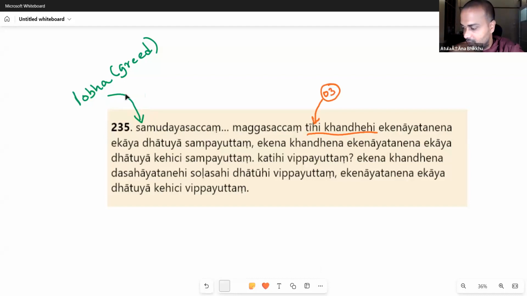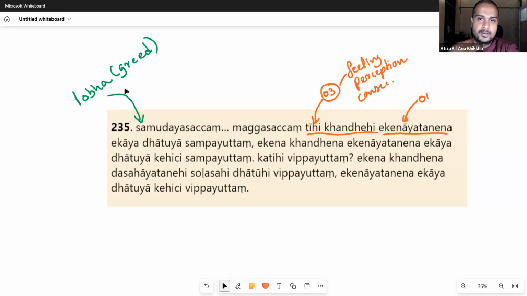They are feeling, perception, and consciousness, right? Those are the 3 aggregates. They're associated. Then ekena ayatanena sampayutta. So ekena ayatanena means one base. So it's very easy, right?